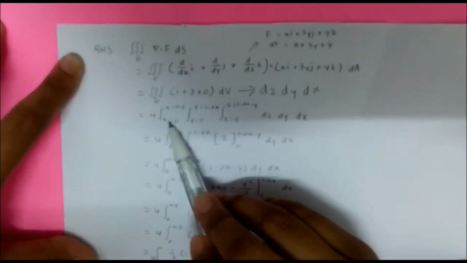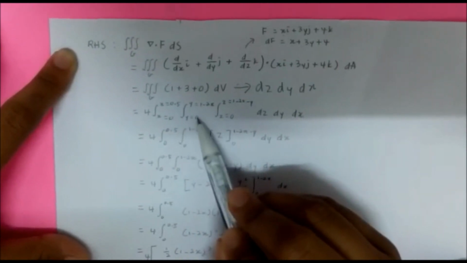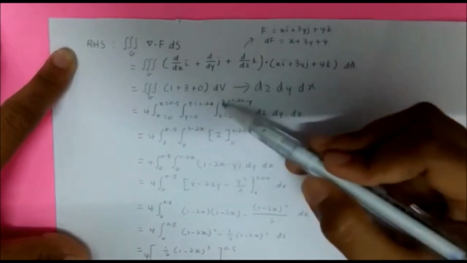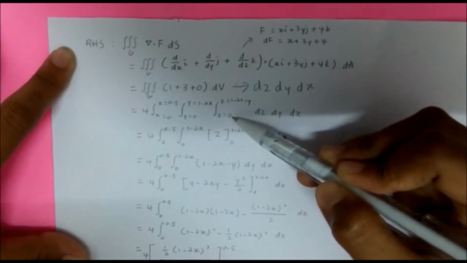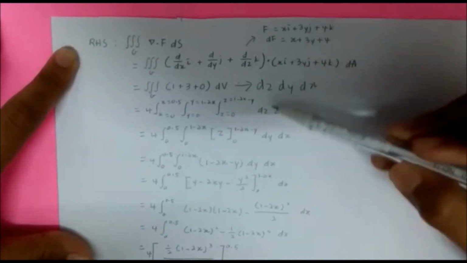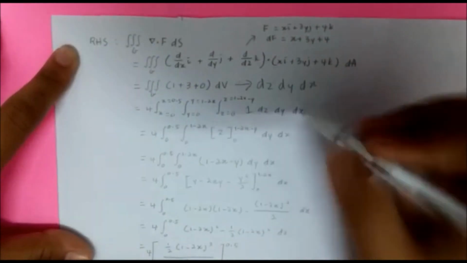And for the limit x, we got 0 to 0.5, and y we got 0 to 1 minus 2x, and for the limit z we got 0 to 1 minus 2x minus y, with dz dy dx.